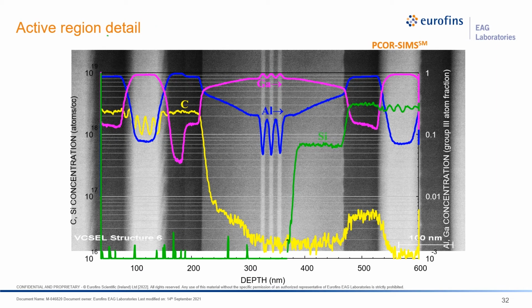Here we are looking at a SIMS plot using P-core SIMS and higher depth resolution, and overlaying it on an electron microscope micrograph, just to make sure that the layer thicknesses in the P-core SIMS are properly calibrated and matching the thicknesses as shown by the electron microscope.